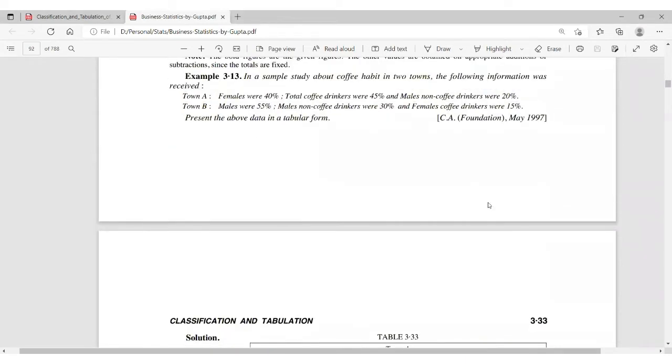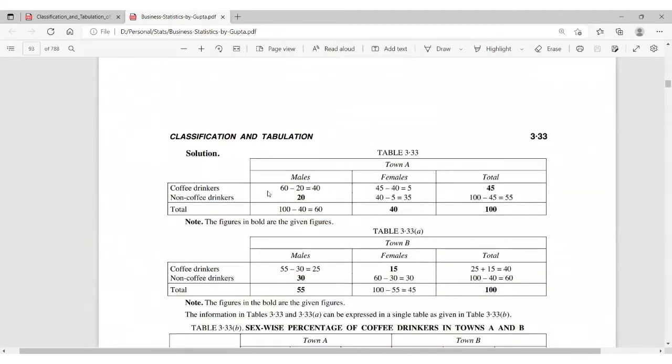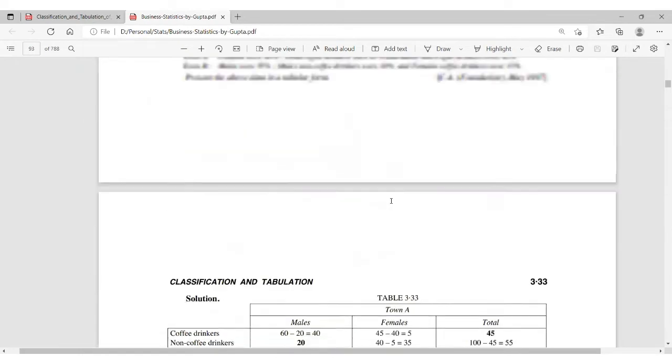And the given question was in percentage, so obviously the total percentage is 100, and we make it according to that. So for the town A, the females were 40%, and the males were 60%. Female is given 40%. Then with the help of this 40, we can calculate the 60, right? So the total male is 60%.